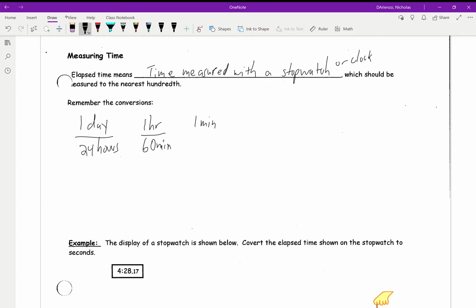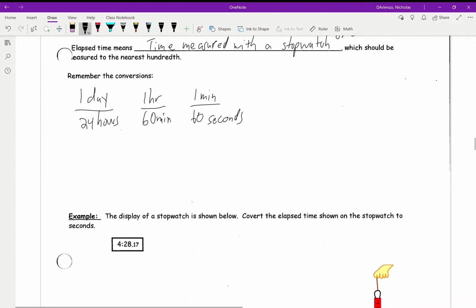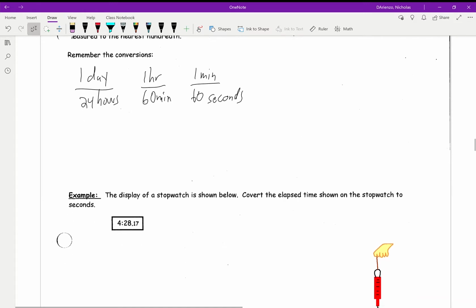And in 1 minute, there are, you guessed it, 60 seconds. So we can use those simple time conversions. I don't think we would do much of anything beyond 1 day. But we're going to need these, and these are not given to you on your reference table. We're going to need these in order to convert time.